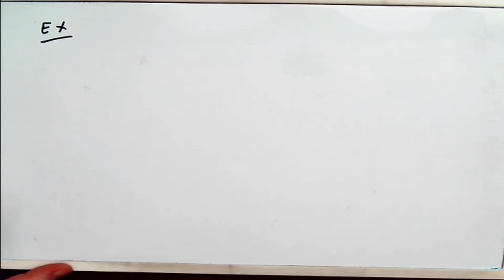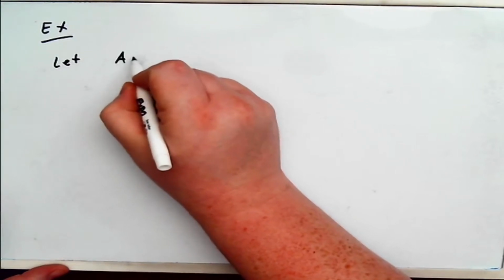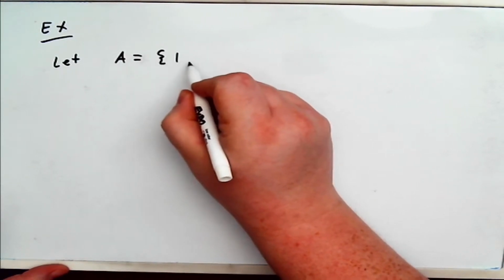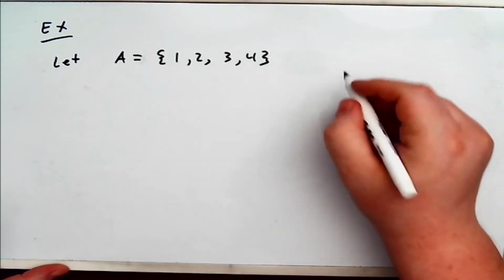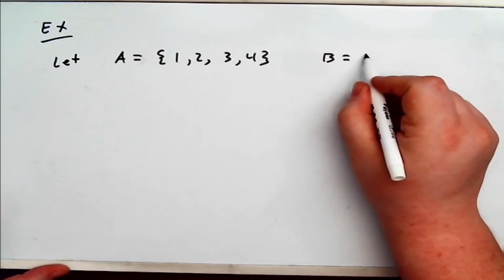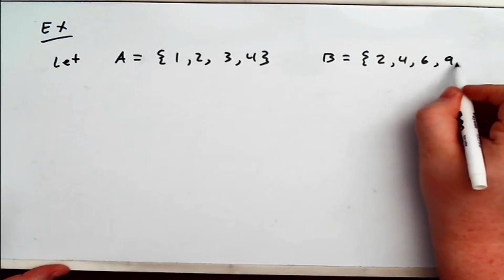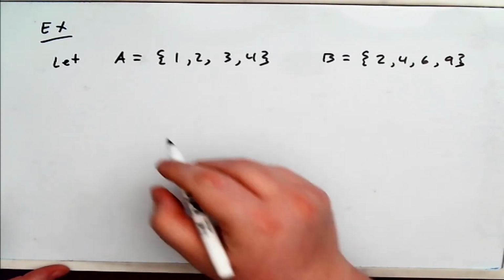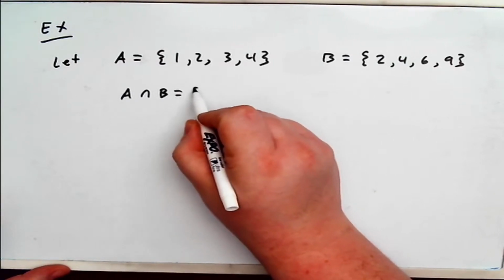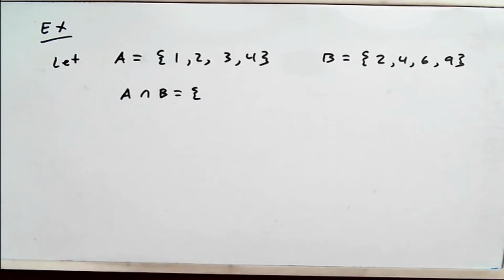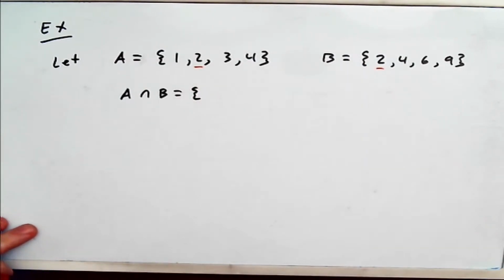Alrighty. So let's say we define our set A as being the set 1, 2, 3, 4, kind of a simple set, and let B be the set 2, 4, 6, 9. Okay? And so what we're looking for when we have this intersection of A and B, we're looking for the elements that are in both A and B. And we see here 2 is in both sets.